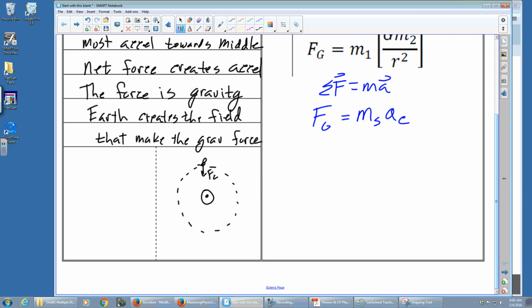So this side, if we expand a little bit, we have the mass of the satellite, big G, and what's creating the field again? Right, the mass of the Earth, over the distance squared. If I think about my diagram, I've got the radius of the Earth and how far the satellite is above the Earth. Those two things together give how far away the satellite is from the center of the Earth.